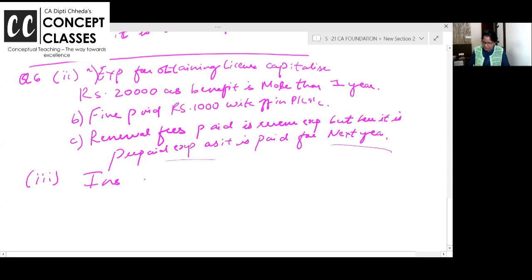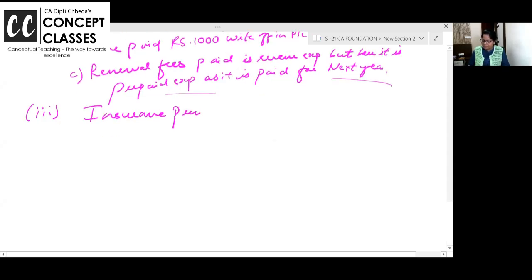Insurance premium paid on 1st October rupees 1,000. So this is till 31st March. How many months?